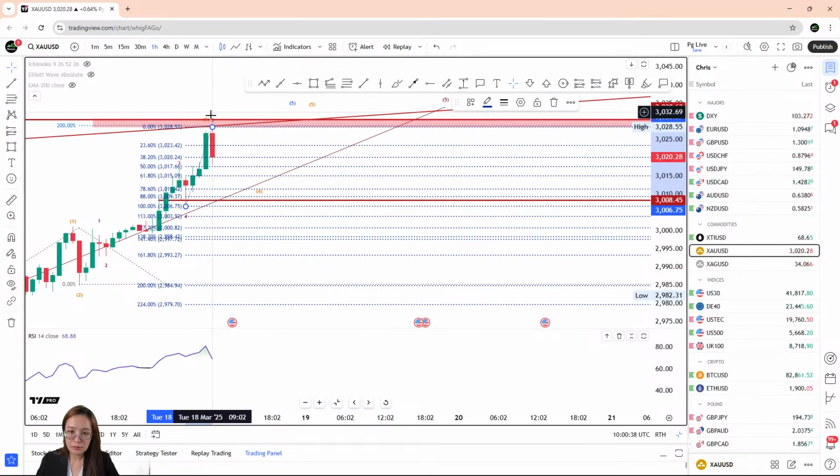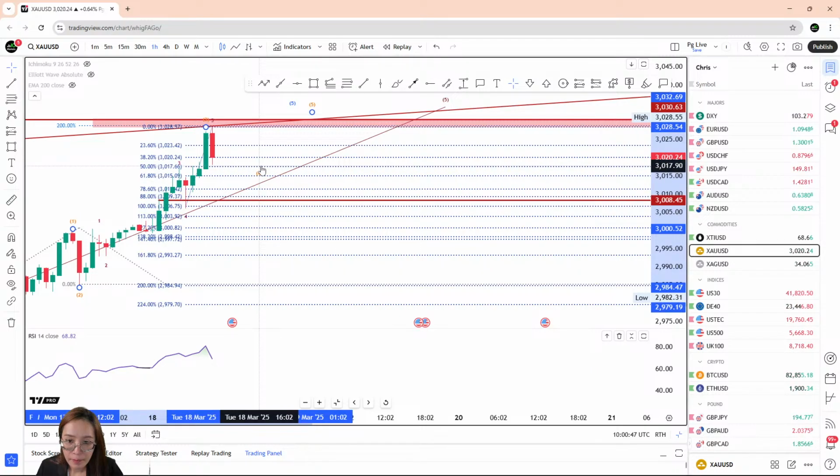How many percent to complete wave 4? Maybe somewhere around 50%, right? Maybe here at 50%, which is around 3017, and then you see the pullback.